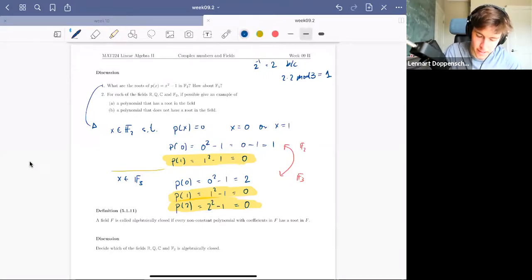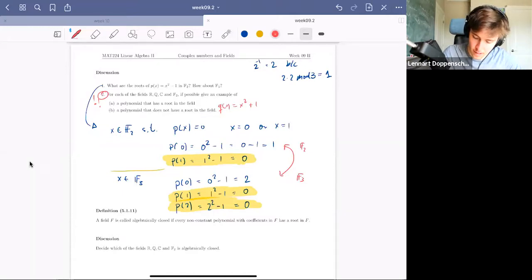So let me skip number 2, but do think about this. Think about whether you can find polynomials that have roots in the field or not, because as we've seen, q of x, which is x squared plus 1, doesn't have roots in R, but it does have roots in C. That's one example.